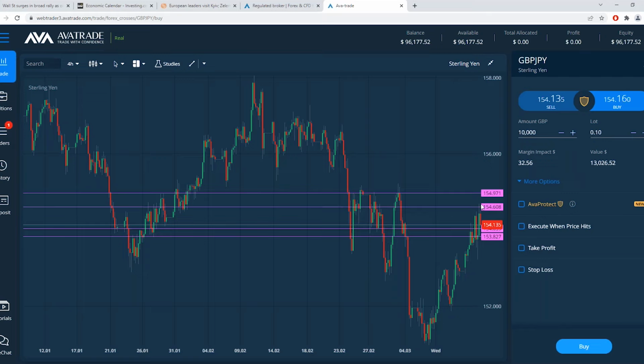Look how much it went up, right? And so if I'm going to do a sell on this in the bigger picture, not a 5-minute scalp, but a sell in the bigger picture, that I think fear will come back with everything that's going on in the world right now, I think the yen could strengthen as a safe haven currency against the pound. Then the bigger picture could be a sell here on the larger candles.